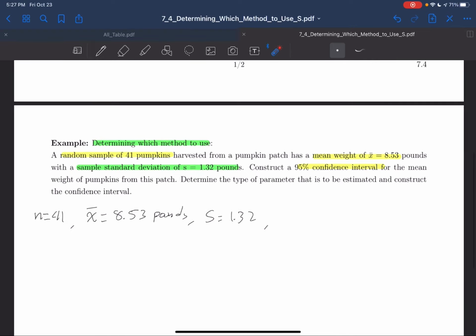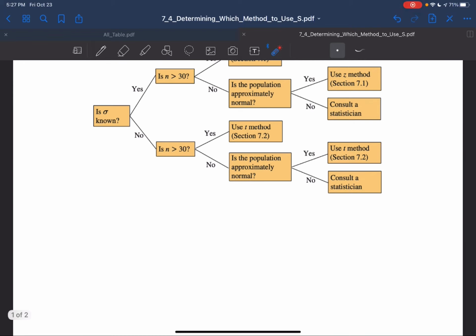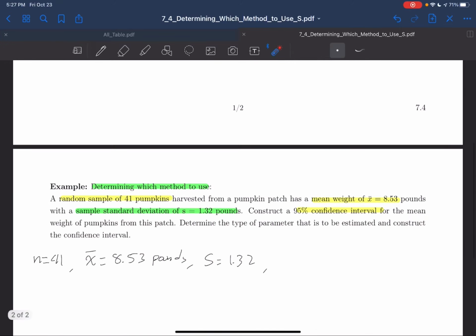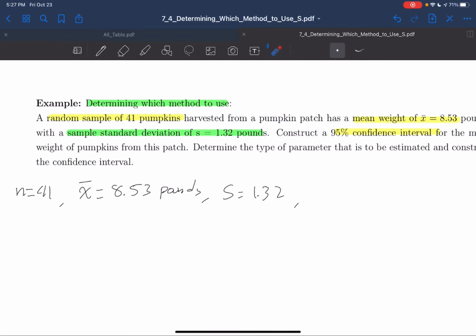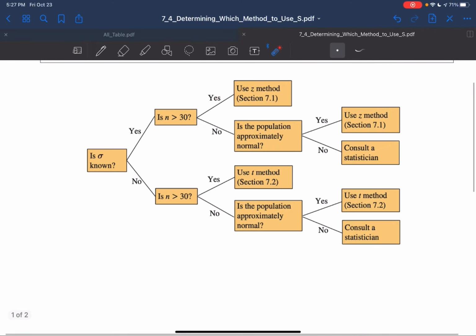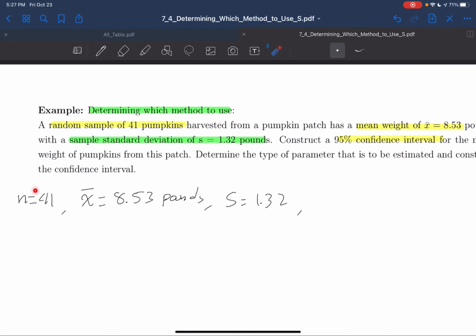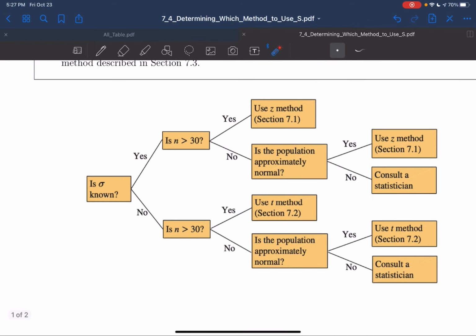Well, if you go up here, do we know our population standard deviation, which is our sigma? Do we know this value? The answer is no. We have a sample standard deviation, but we don't have the population standard deviation sigma. Then, is our sample size large enough, greater than 30? Well, we know that our sample size is 41, so it is.